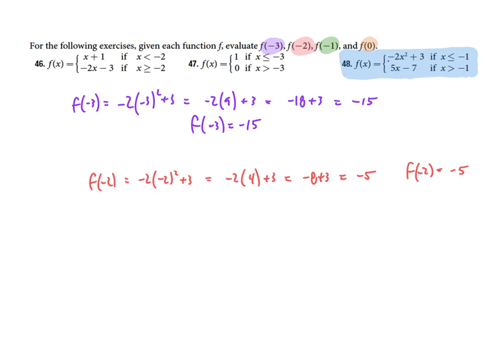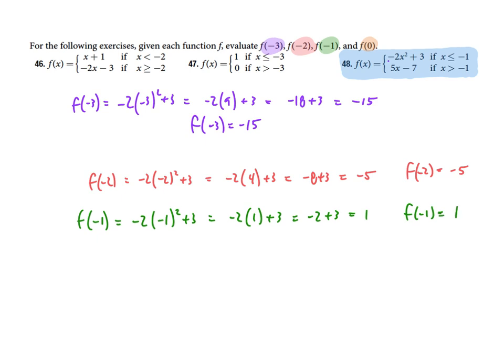And then I go to negative 1. Negative 1 is less than or equal to negative 1, so it's also going to go into the first part of the function. So f of negative 1 is negative 2 times negative 1 squared plus 3. Negative 1 squared is 1, times negative 2 is negative 2, plus 3, which is 1. So f of negative 1 equals 1.